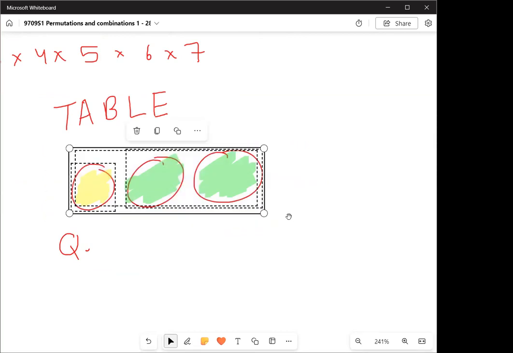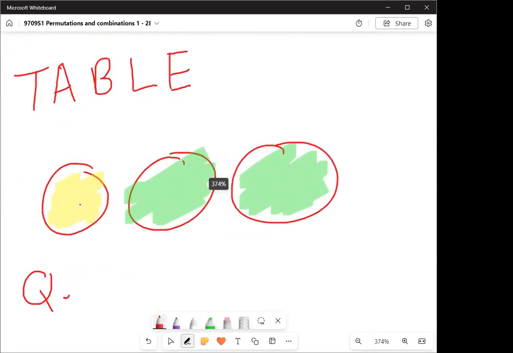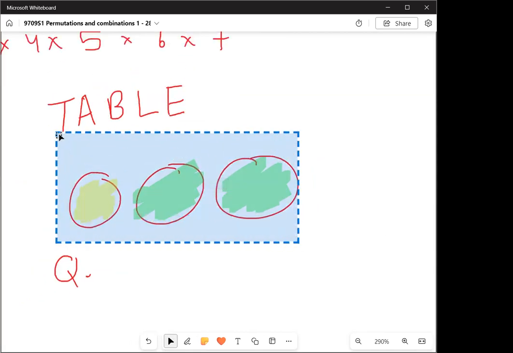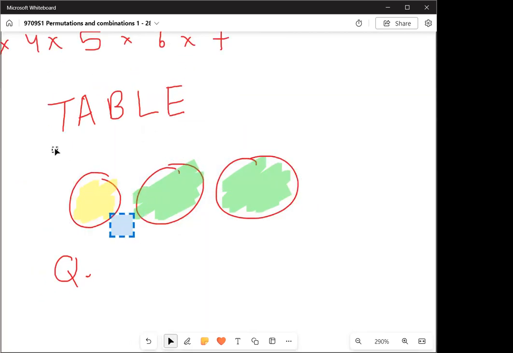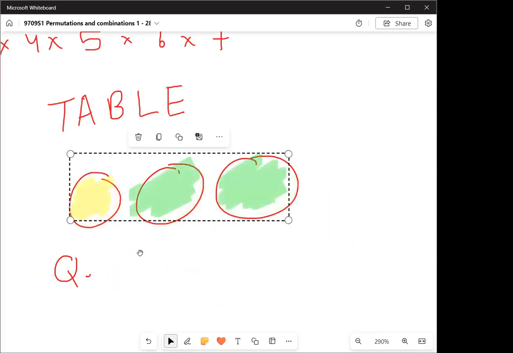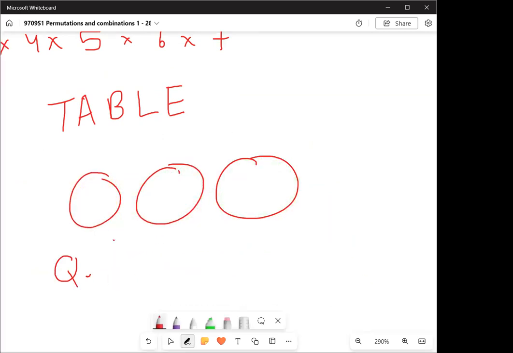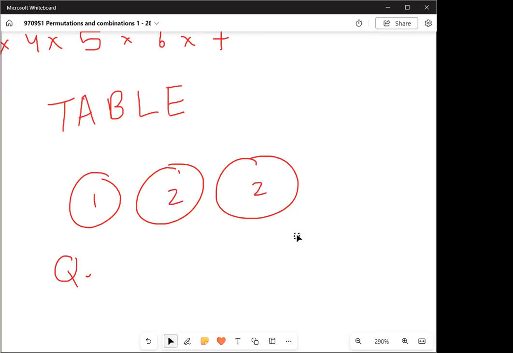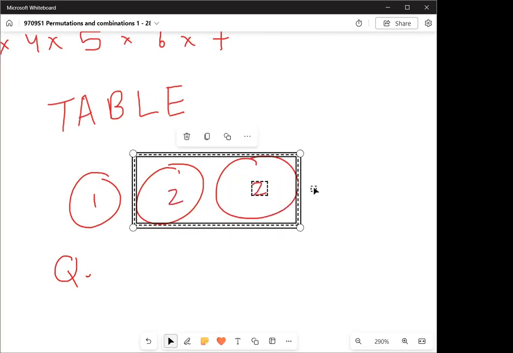Each of these also have numbers on them, perhaps. Let's put numbers: one, two, and two. I can place these two.